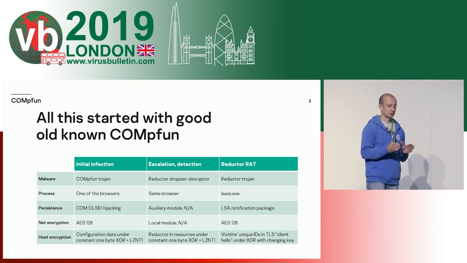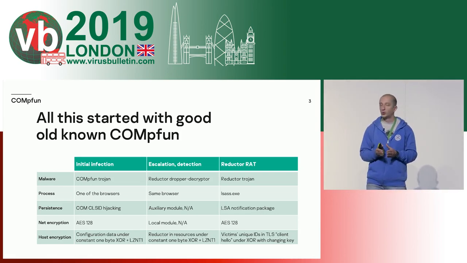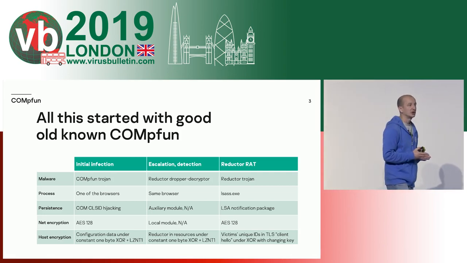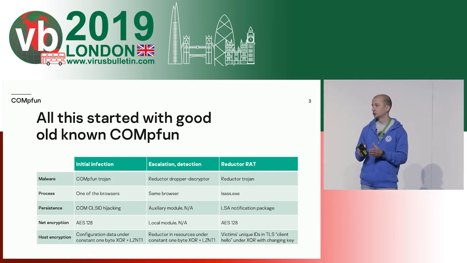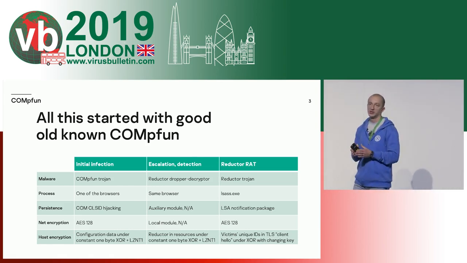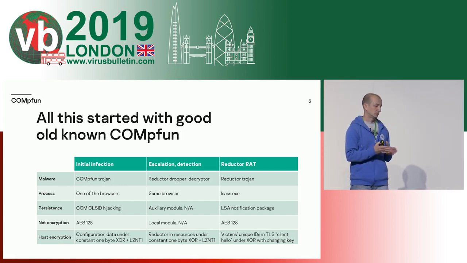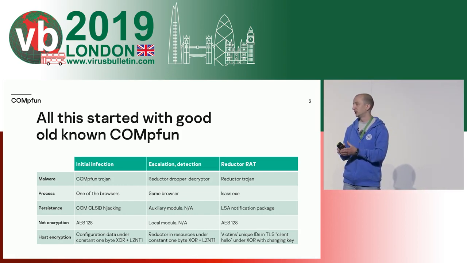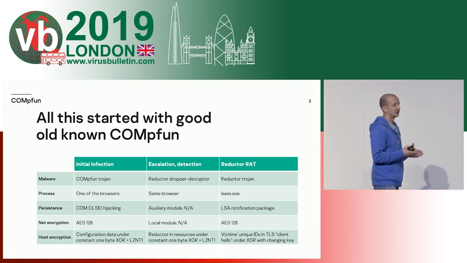This is how the story starts: our attribution engine found some new malware. It's not COMpfun, but for sure has too many code similarities. So we are quite sure this new malware we call Reductor was compiled by a developer who has access to the same code base. You could say by the same developers.